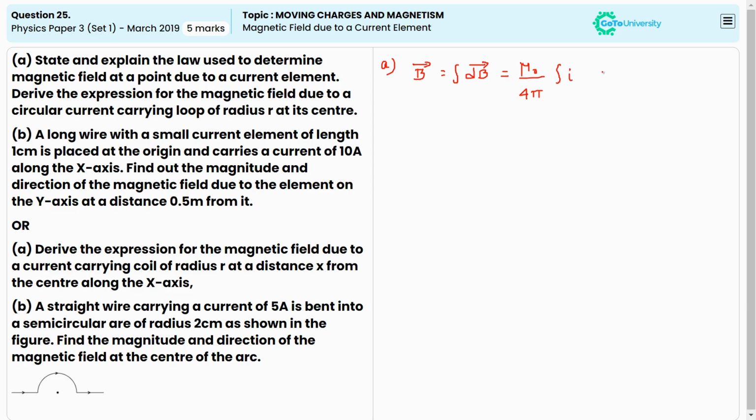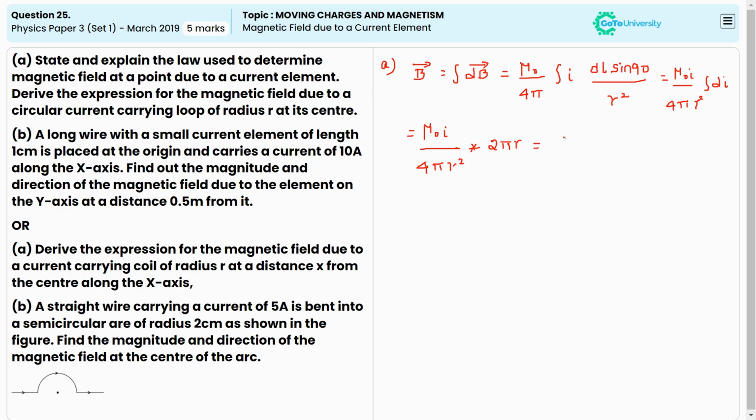this becomes B vector is equal to integration over dB vector, equal to mu naught divided by 4 pi, integration over I times dl sin 90 divided by r square, which is equal to mu naught I divided by 4 pi r square times integration over dl, which is equal to mu naught I divided by 4 pi r square into 2 pi r.